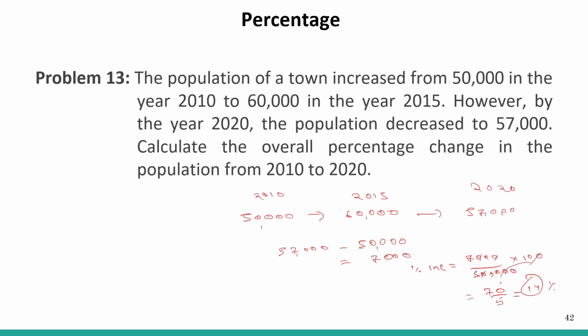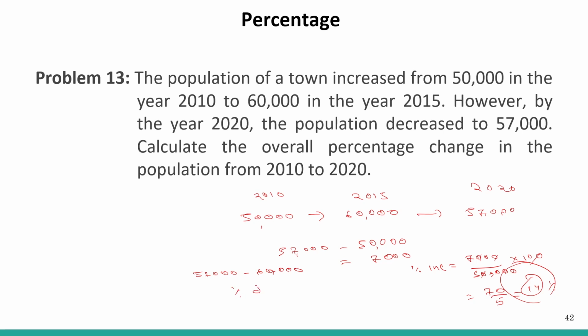So 14% increase in population. As we are here in this question, let's also see the percentage change between 2015 and 2020. It is 57,000 minus 60,000.